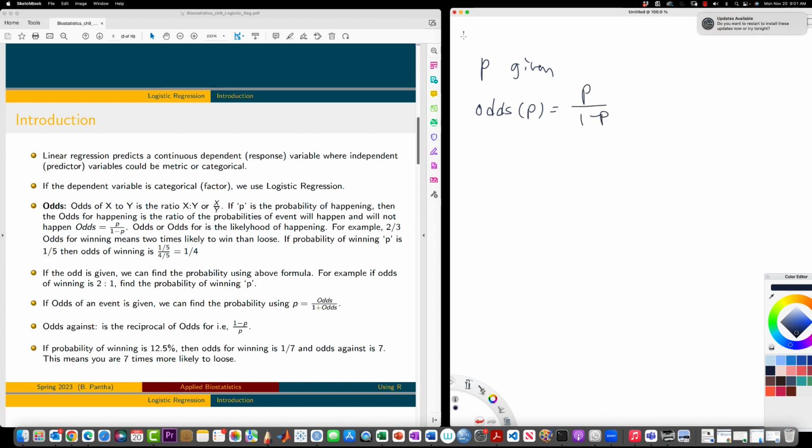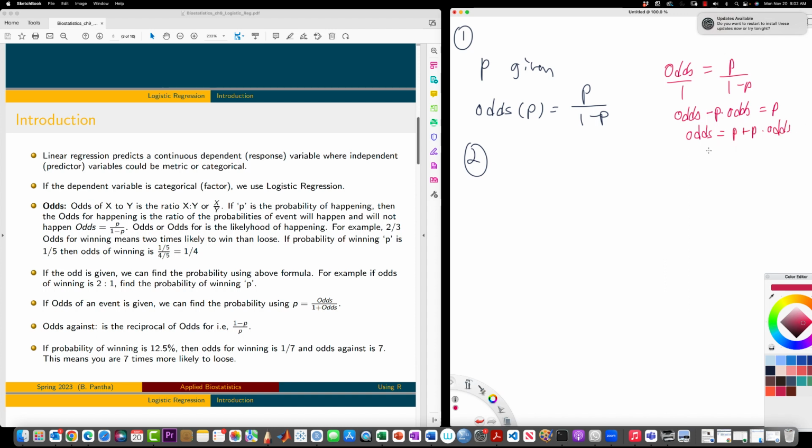Another thing is, if you solve this one, what do you get? Odds equals P over 1 minus P, right? If you cross multiply, then odds minus P times odds equals P. Now let's solve for P. Then odds equals P plus P times odds, right?